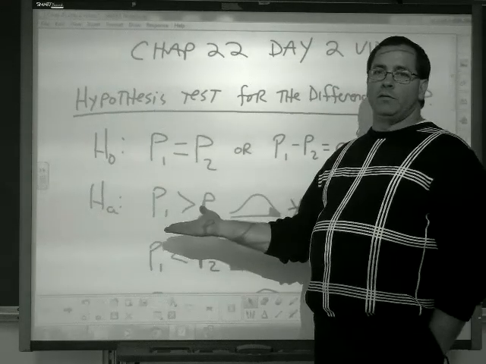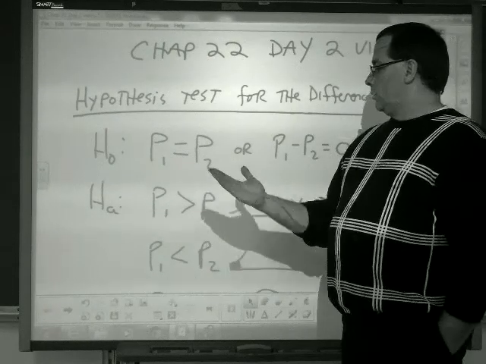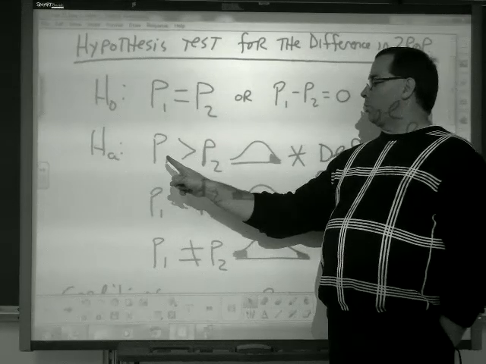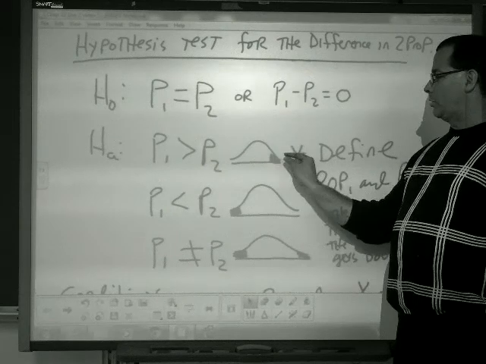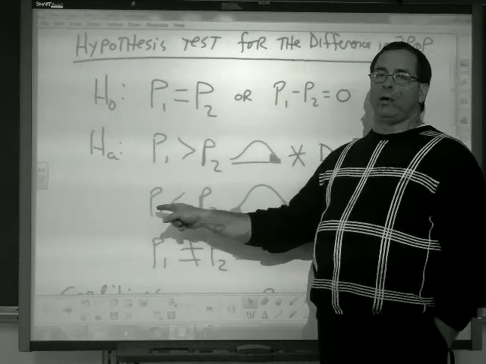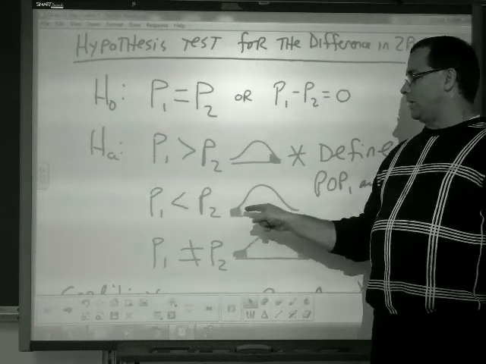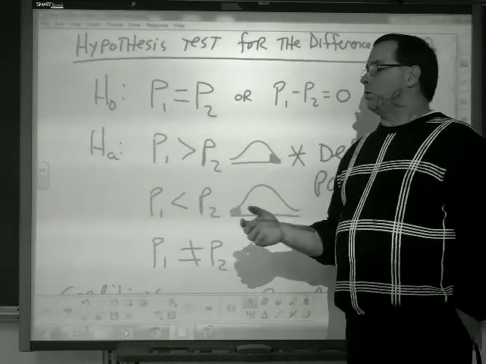Again, our alternative. Just like we had the boys and the girls with green eyes, we might say that the boys have a higher proportion than the girls, in which case it would be a one-tailed test upper. We might say the boys have a lower proportion than the girls, one-tailed test lower. Or you might just ask, is there a difference between boys and girls?